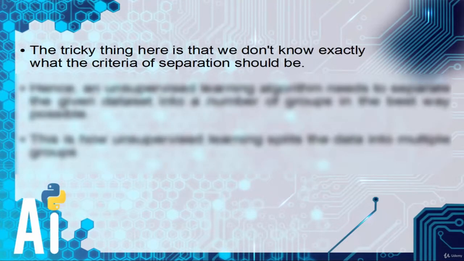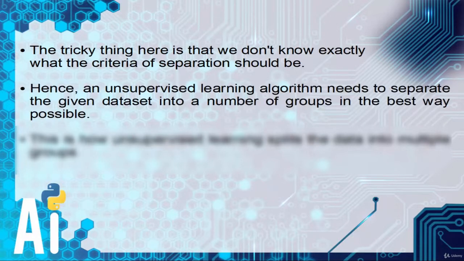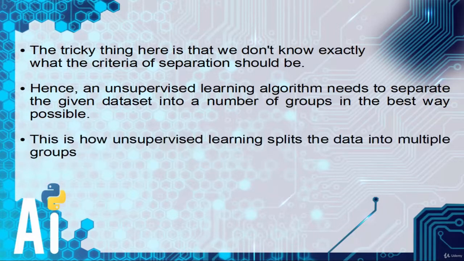The tricky thing here is that we don't know exactly what the criteria of separation should be. Hence, an unsupervised learning algorithm needs to separate the given data set into a number of groups in the best way possible. This is how unsupervised learning splits data into multiple groups.